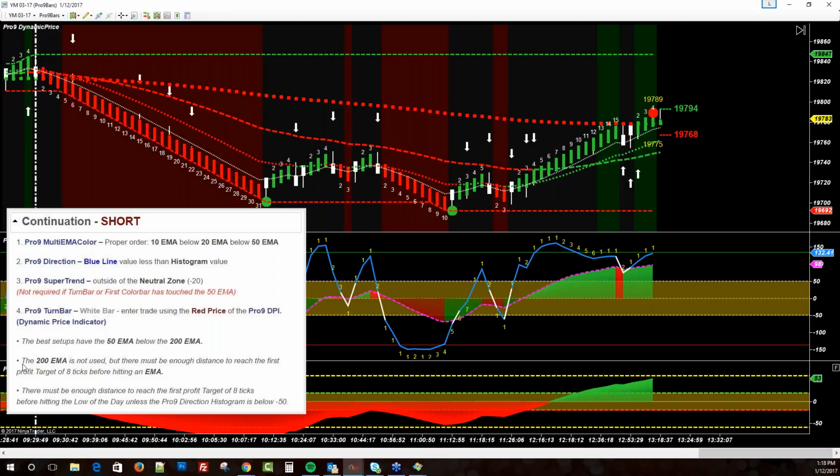So we don't want to run into the EMAs, most specifically the 200, as it can be a very strong point of support and resistance. And the DPIs will now warn you when you're within that range and you don't have enough space. So generally for a trade like the continuation, we need our profit target plus a tick.